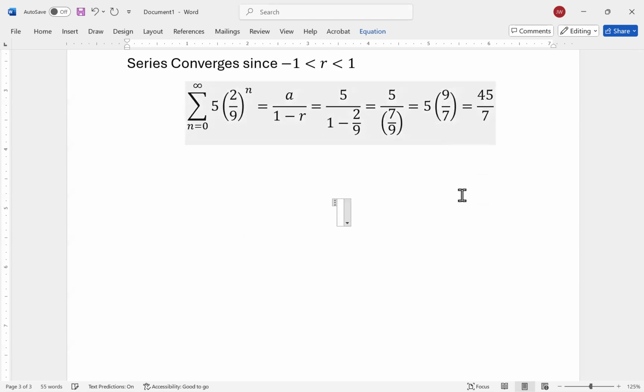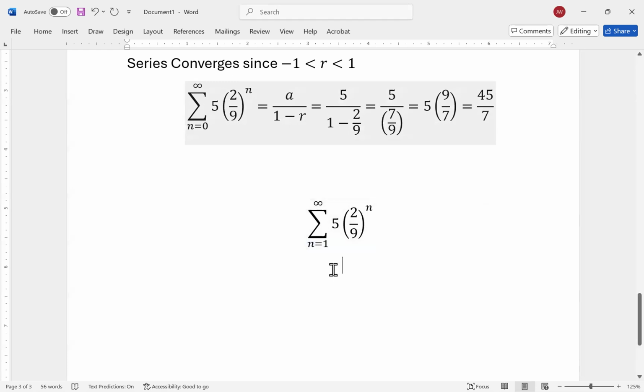Now, what about starting our count at 1 instead? Well, think about this. If I start my count at 0, I'm getting a 0th term, and then I'm getting all of the rest.